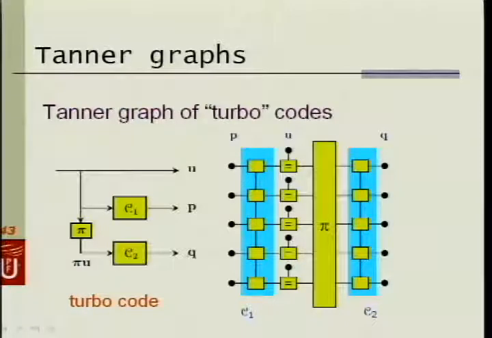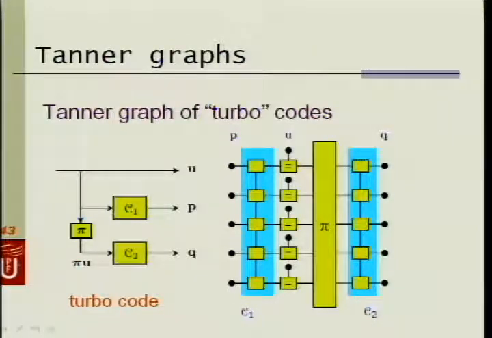Okay, so this turbo code can be represented by a vector graph like this. This is the structure of a vector graph of a turbo code. U represents the symbols that we receive from the source. U are broadcast on the left part and on the right part. On the left part, they go through a convolutional encoder that is represented by the linear vector graph.